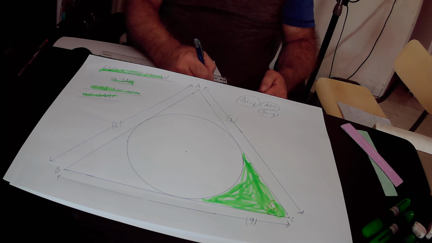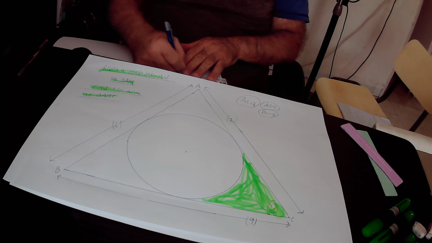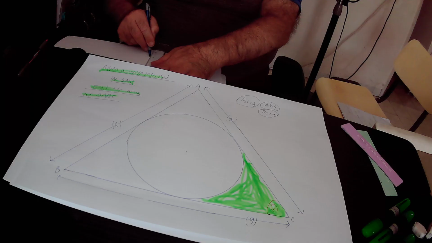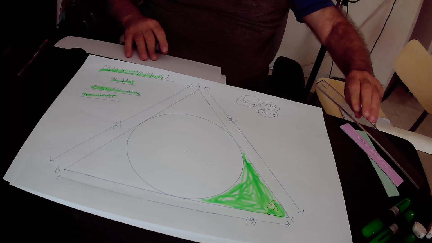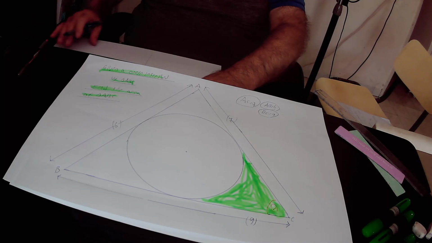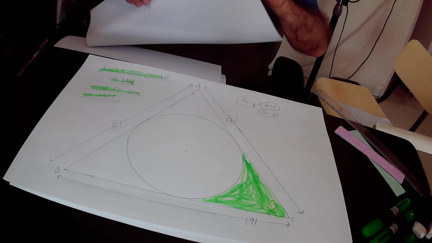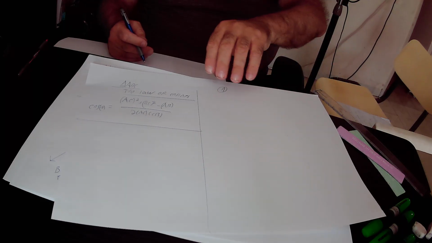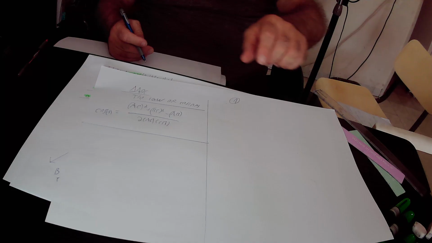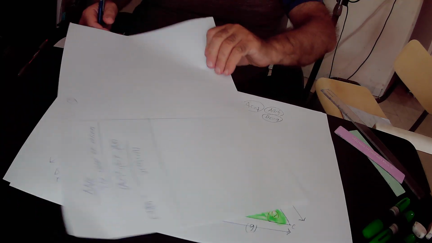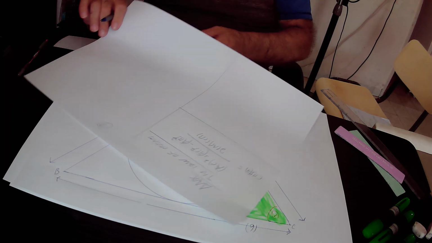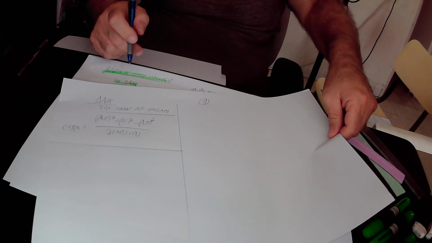That is, cosine theta equals AC squared plus BC squared minus AB squared over 2 times AC times CB.